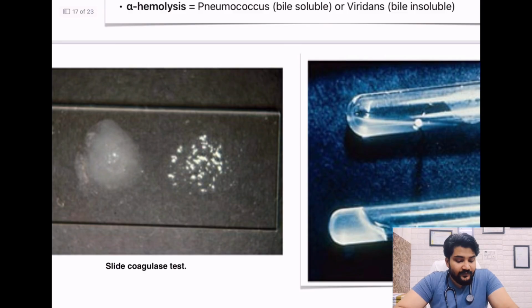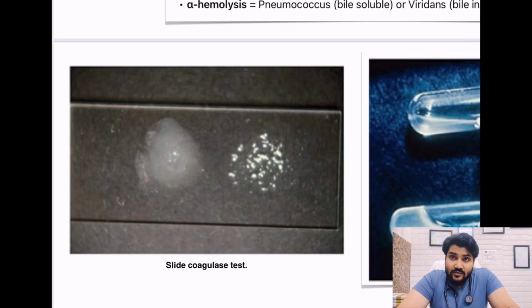Okay, so how will we perform this test? If we take the slide coagulase, you have to take the slide. Then you have to take 1 drop of plasma suspension. Then with the help of a cover slip, you take a very little colony and mix it with the 1 drop of plasma. After mixing, the whole suspension will look curdy, turbid.